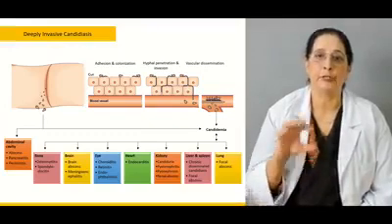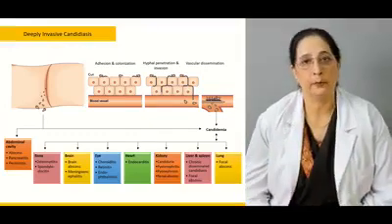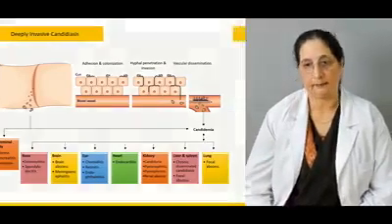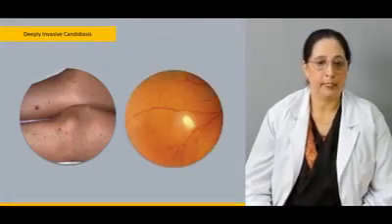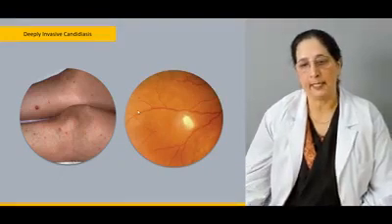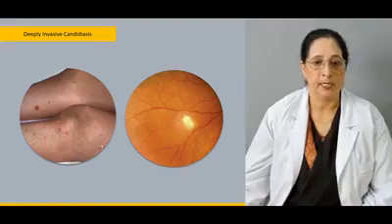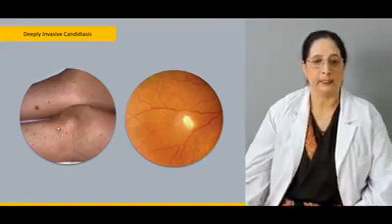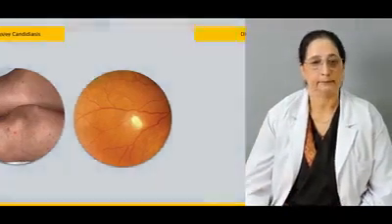Once it reaches the bloodstream, it spreads to different parts of the body and causes deeply invasive candidiasis. That's the picture of deeply invasive candidiasis. One is spread to the eyes, and then you can see the presentation on the legs.